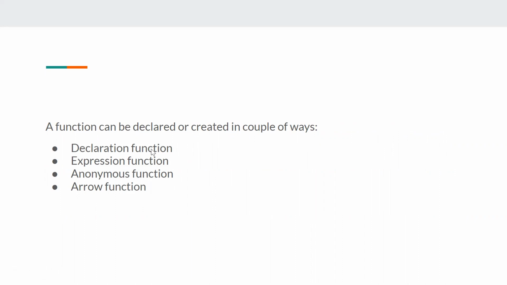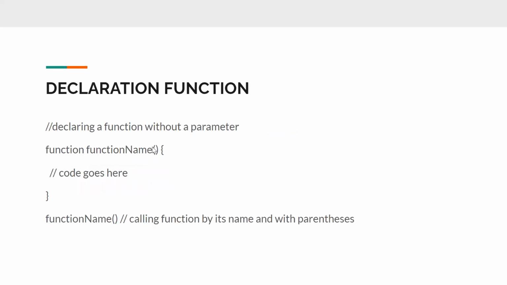What we'll basically be looking at tonight is the declaration function. Declaration functions look like this. They begin with the function keyword, followed by the function name and then the parentheses. Your code goes in between here. Then you invoke the function, that's called calling the function. We'll look at it, don't worry.